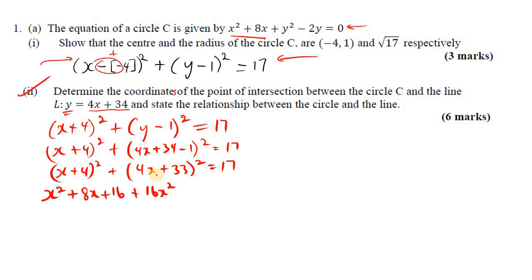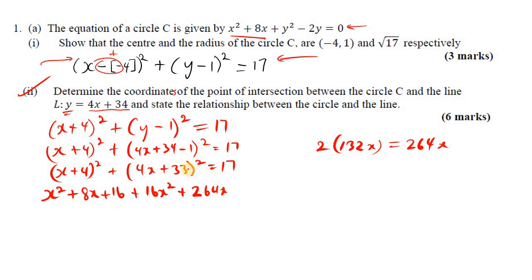Now we multiply 4x by 33, the first by the last, and double. 4x times 33 is 132x, and doubled that gives us 264x.